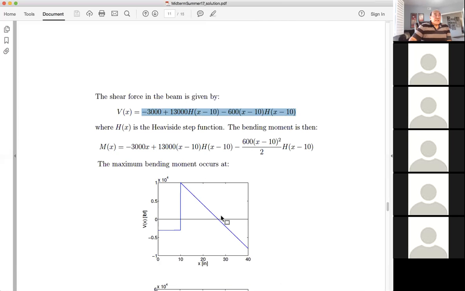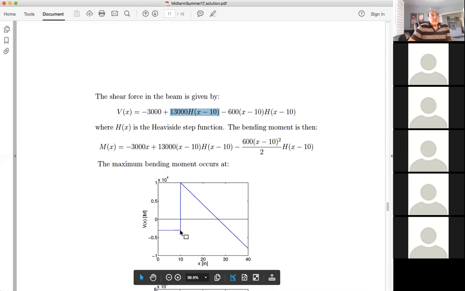The equation will have a Heaviside unit step function at x equals 10, because we have a step up, and then we also have a linear function with a slope of 600, so 600 times x, but the x is shifted to 10, so it's x minus 10 times Heaviside at x minus 10.